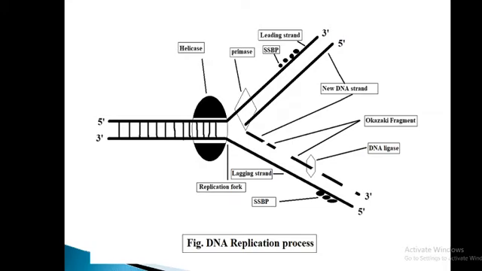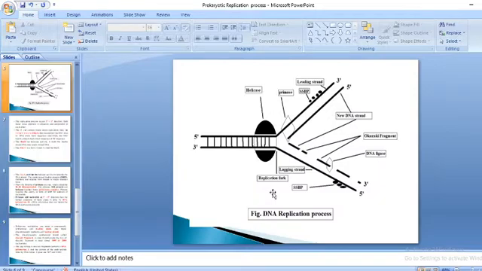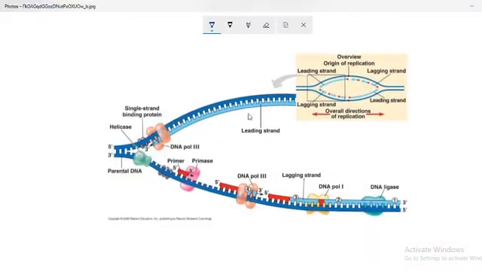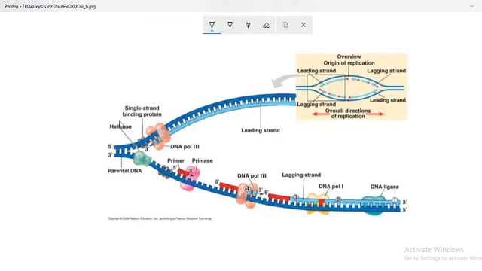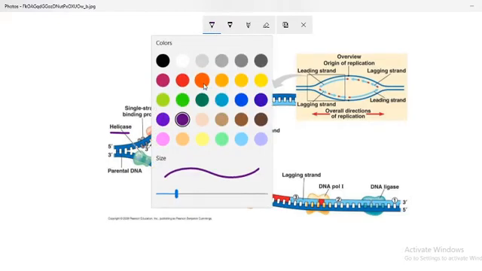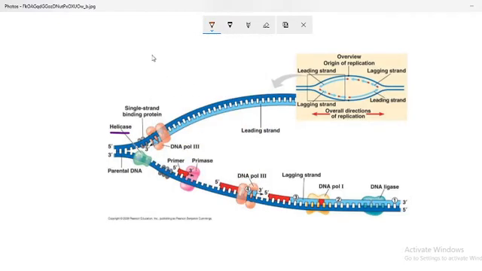So this diagram we will explain in detail. Okay, so let's see here. Before the helicase enzyme, there is one more enzyme working on the DNA. It is called topoisomerase, which is also called DNA gyrase.